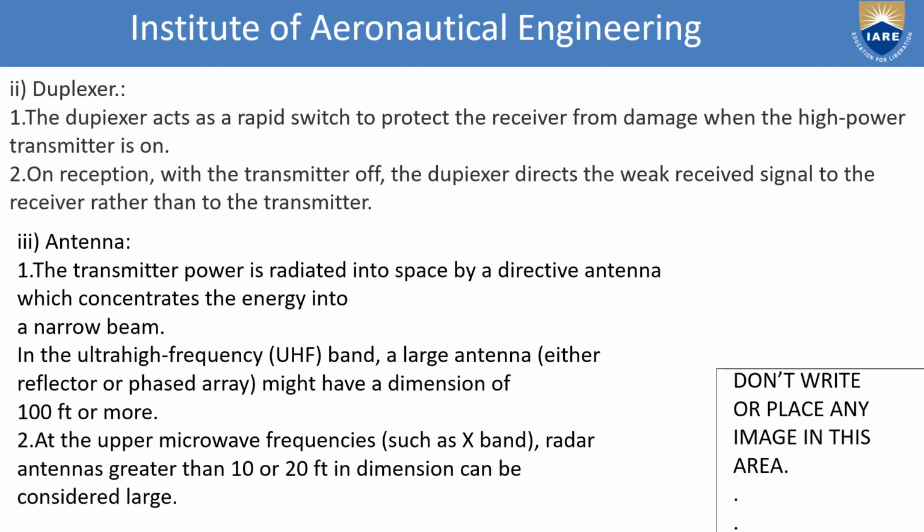Antenna. The transmitted power is radiated into space by a directive antenna which concentrates the energy into a narrow beam. In the ultra high frequency band, a large antenna, either reflector or phased array, might have a dimension of 100 feet or more.